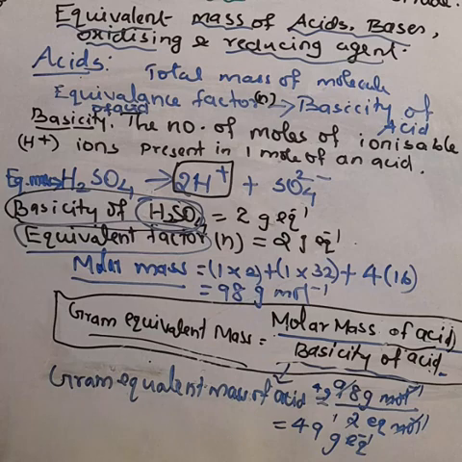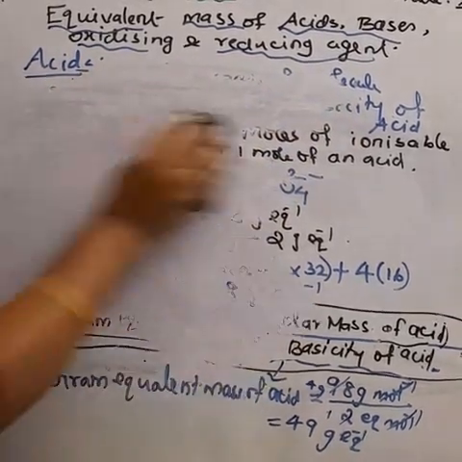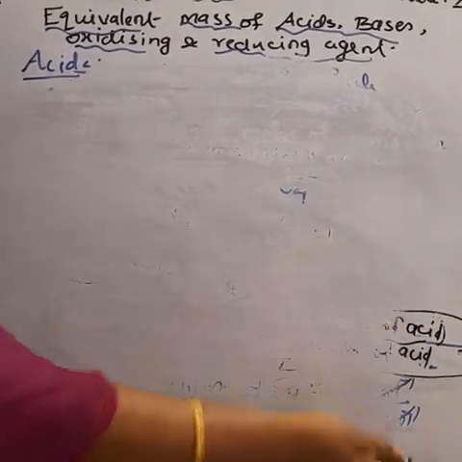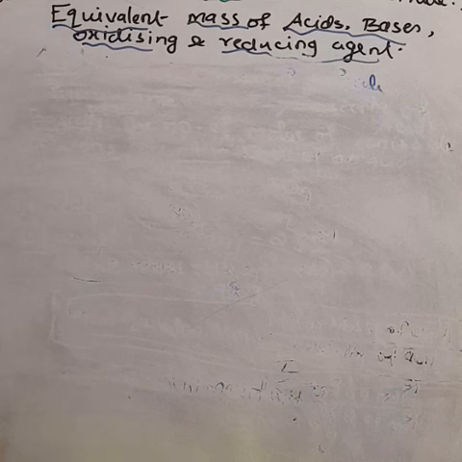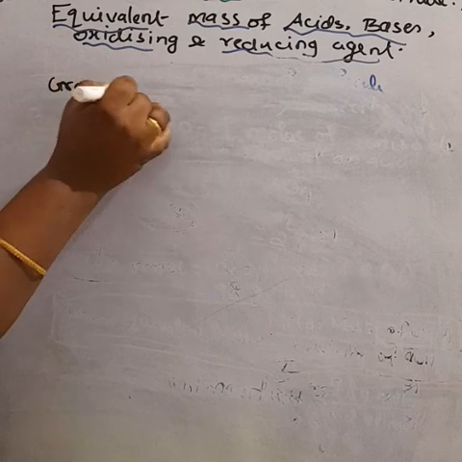Okay, and next, how can you calculate the gram equivalent mass of bases? So what is the formula we are using here? Gram equivalent mass is equal to molar mass divided by equivalent factor. The molar mass unit is gram per mole, and the equivalent factor is equivalent per mole.